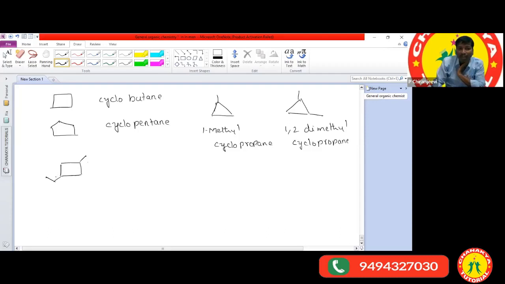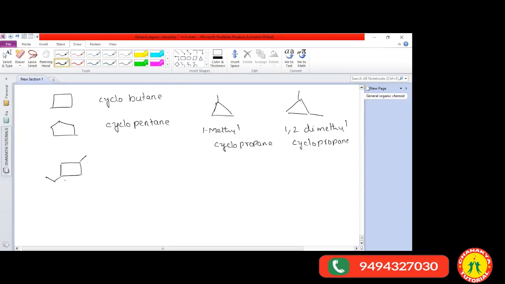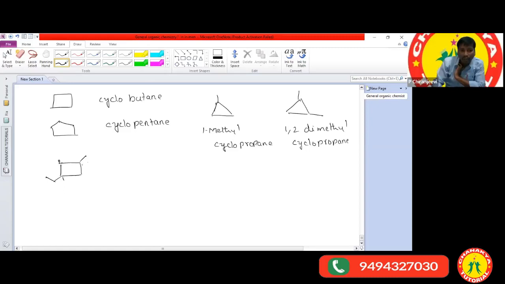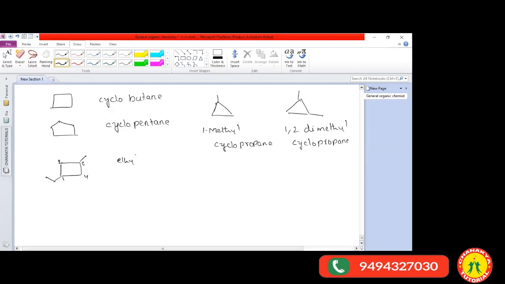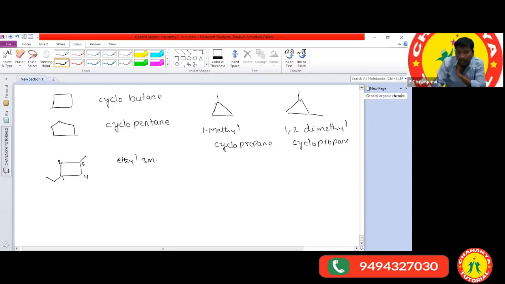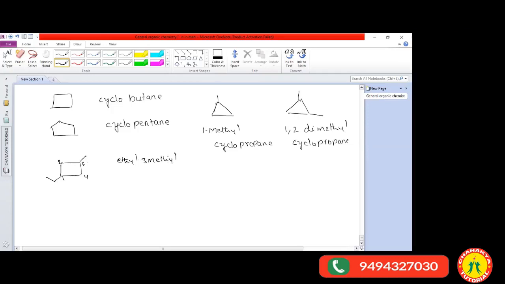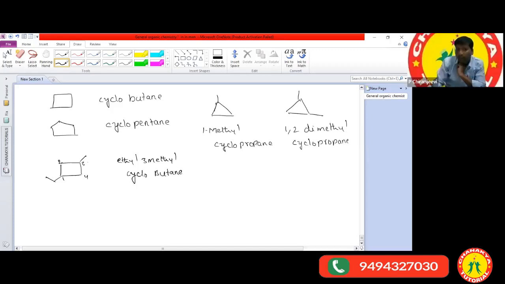So why are we giving the first priority to the ethyl group? Alphabetical order. So we give the numbering 1, 2, 3, 4. Hence we write it as 1-ethyl-3-methylcyclobutane.